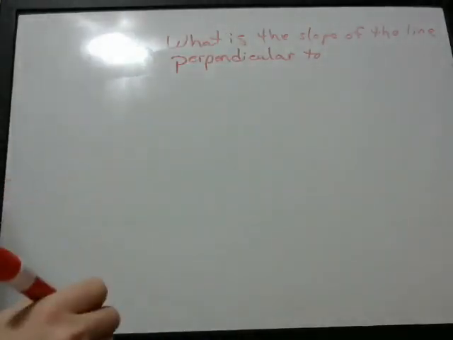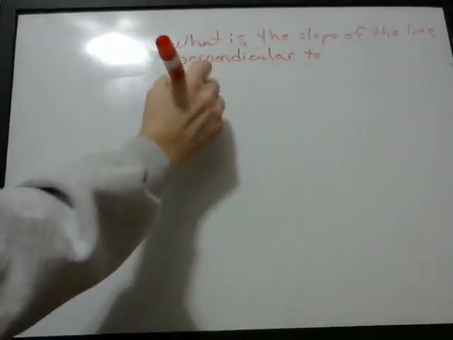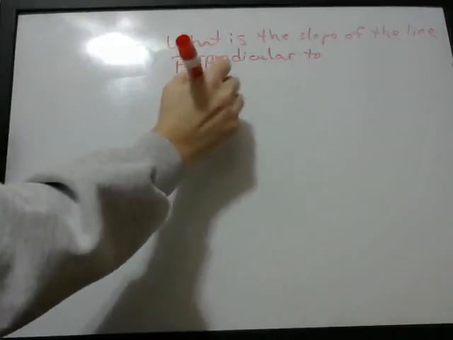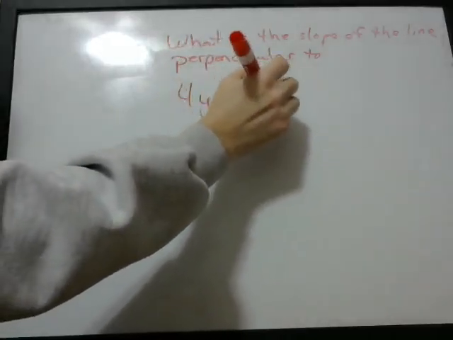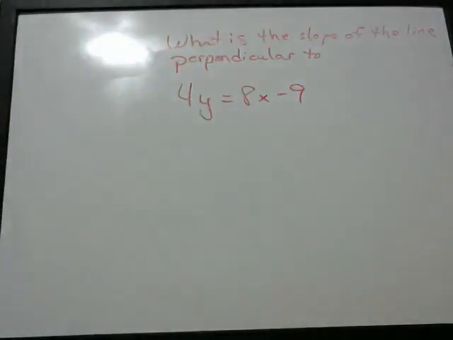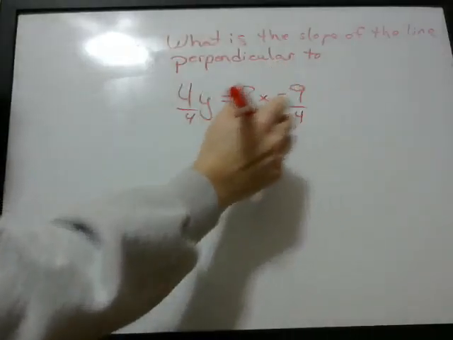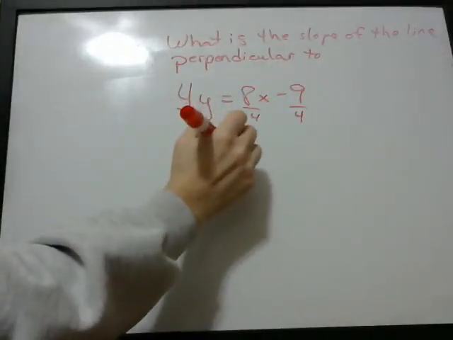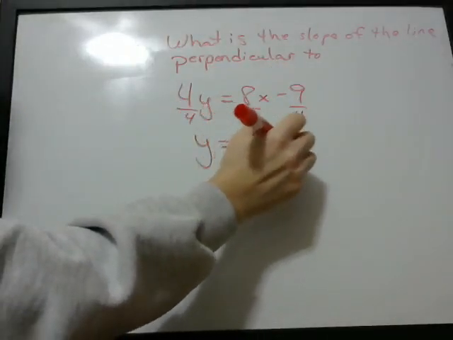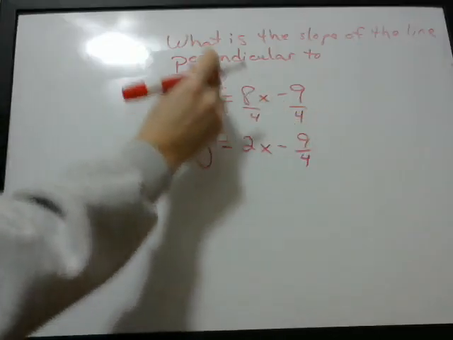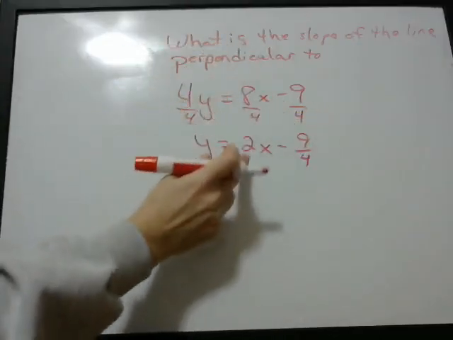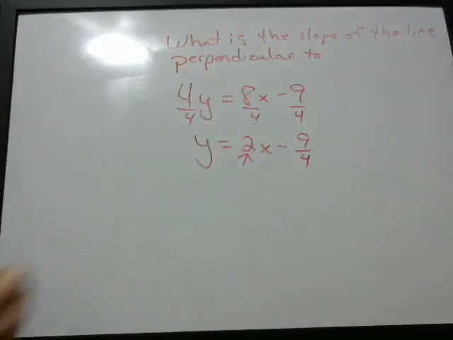Again, they are probably going to give you an equation of a line. Here's an equation of a line. You need to put it in slope-intercept form, like we did before. Divide by 4. You have to divide both sides by 4 in order to get rid of that 4. 2x minus 9/4. What's the slope of the line perpendicular to this line? Well, here's the slope of this line.